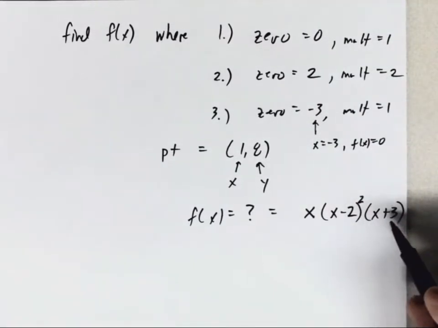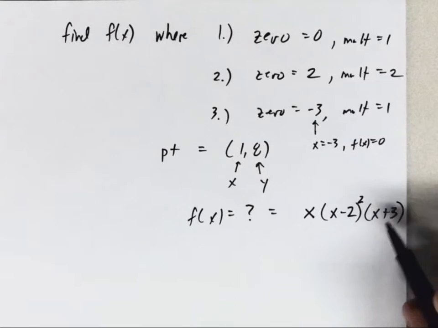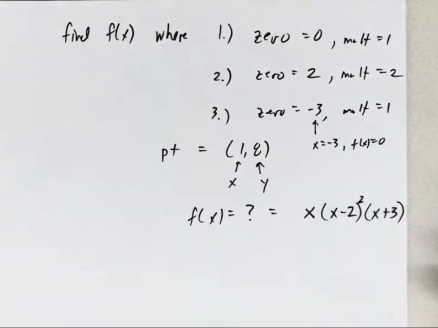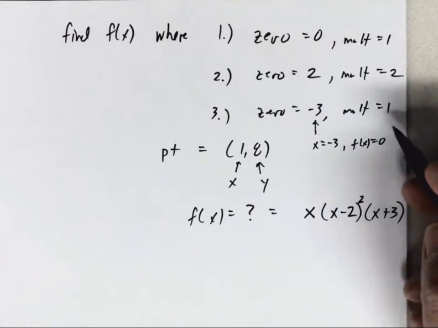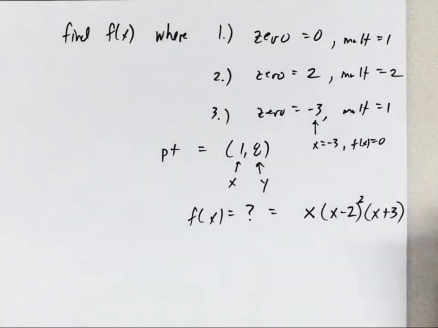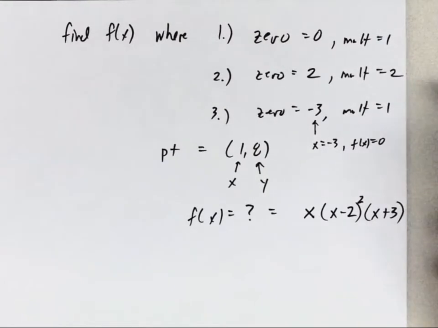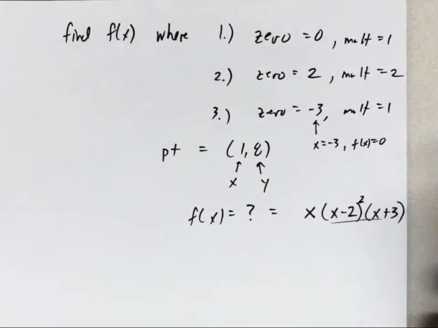Well, that's only going to occur if I have x plus 3 inside this parentheses. Because when I plug in a minus 3, this is 0, the whole thing is 0. And here the multiplicity is 1. So actually, based upon this information, I've come up with this part of the function.